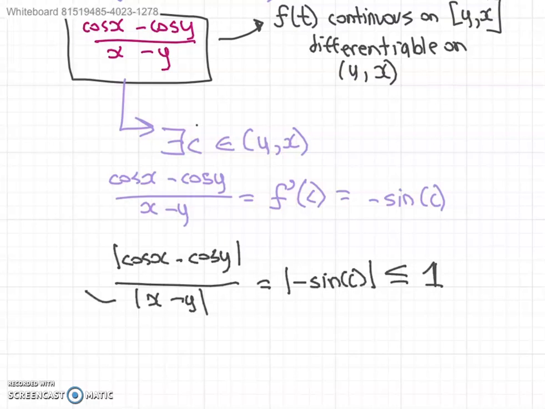And since x and y are not equal, the absolute value of x minus y is positive, so we can bring it over to the other side, and we finally get what we wanted to prove at the beginning: the absolute value of cos x minus cos y is at most the absolute value of x minus y.